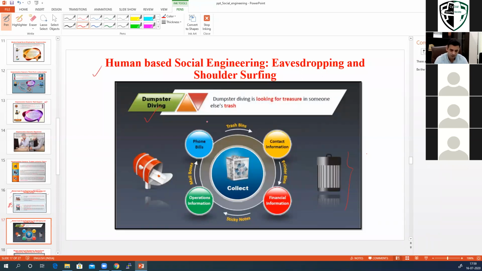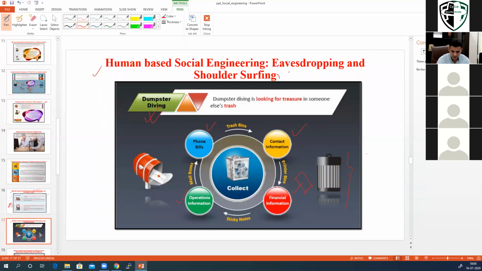It can have phone bills, contact information, financial information जो आपके receipts पे है. There can be some operational information. Operational information आपके mail boxes के through मिल जाएगी. कि आपने ट्रैश किया, that can be compromised or the mail server got compromised, so obviously that information can easily be revealed. So this is what dumpster diving is all about, and it can be a new term, but it is very old.